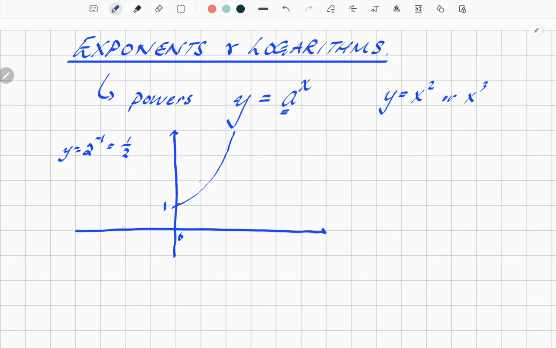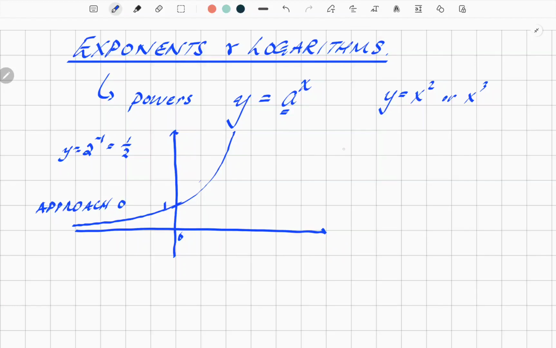It does not become negative. So that line is going to carry on. It's going to approach 0, but never actually get there. And the exponential function, if a is positive, y can never be negative.